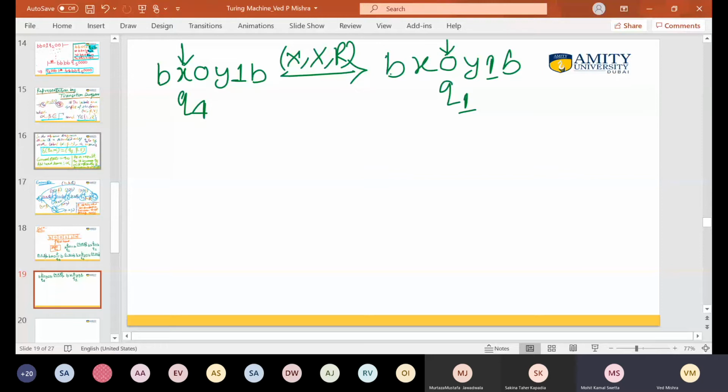Yeah, that's the final state. And whenever your machine halts, when will that be? You will not have any way to go out. Oh, okay.